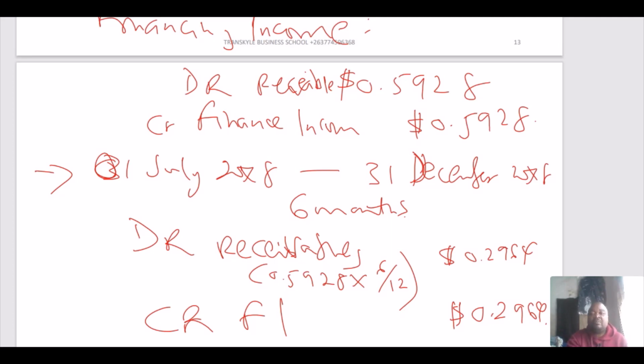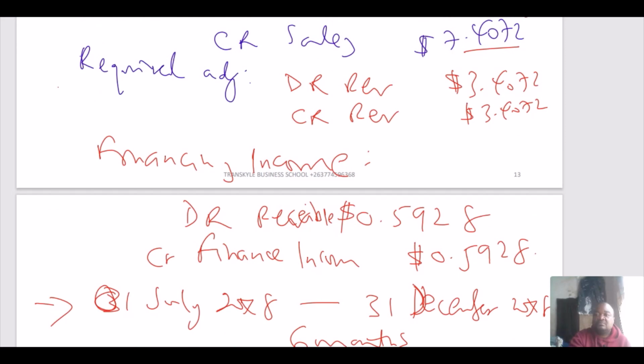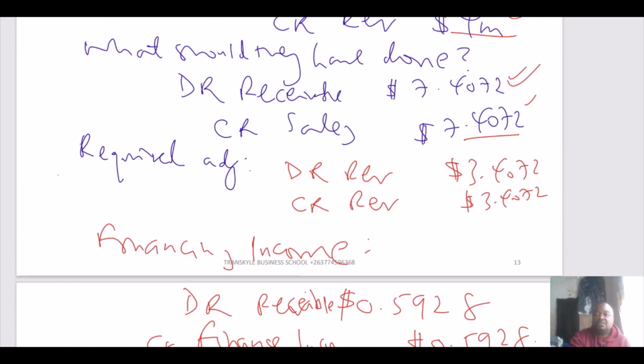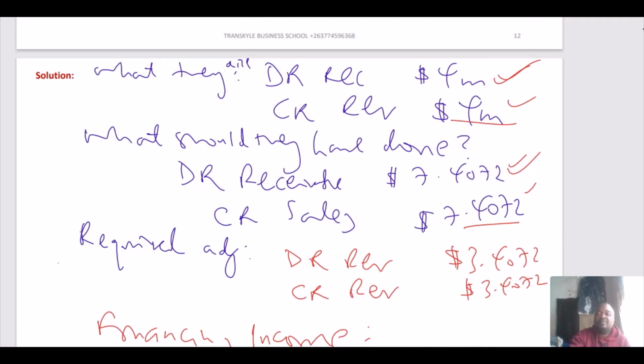Okay, so our total receivables should be this amount, that is for 2008, this amount, and this amount.